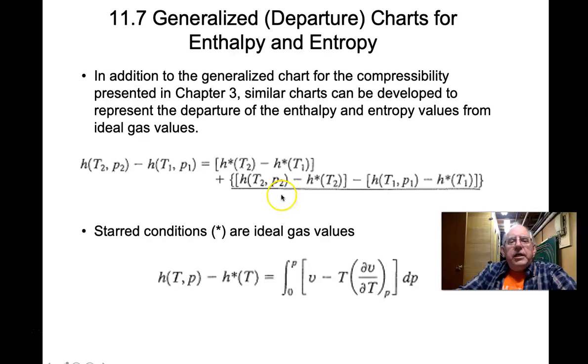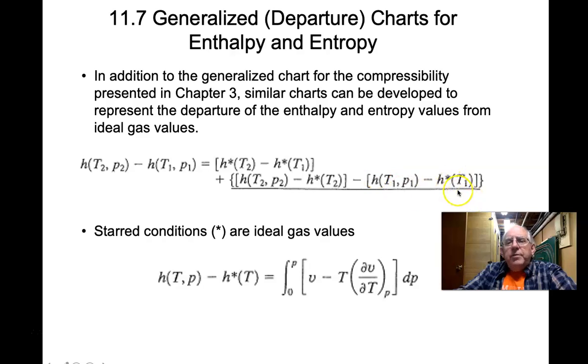So as you see here at state 2, given by temperature and pressure, this value right here is the actual value of enthalpy, where we then subtract the ideal gas value. And we do the same thing for state point 1.